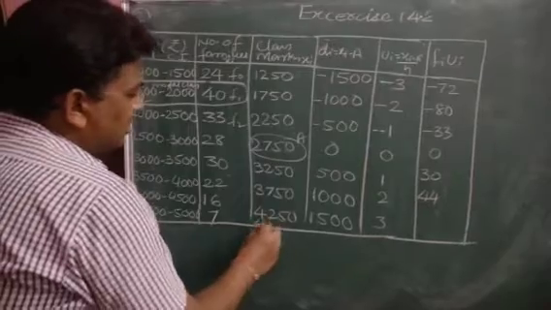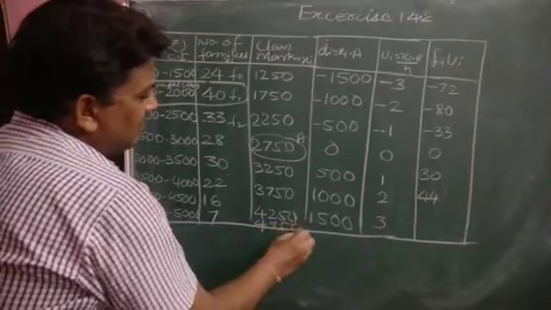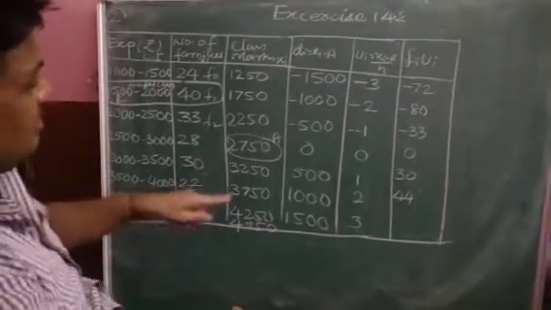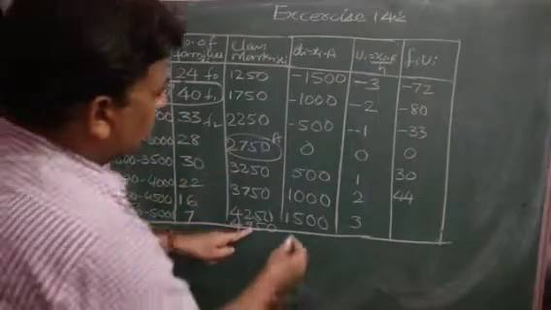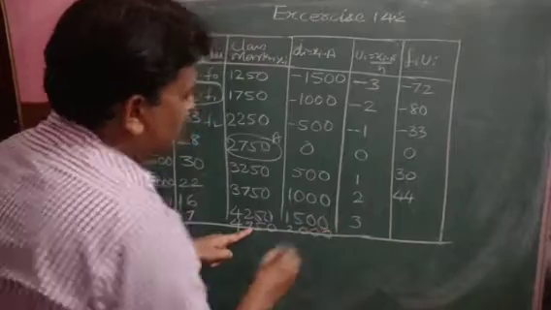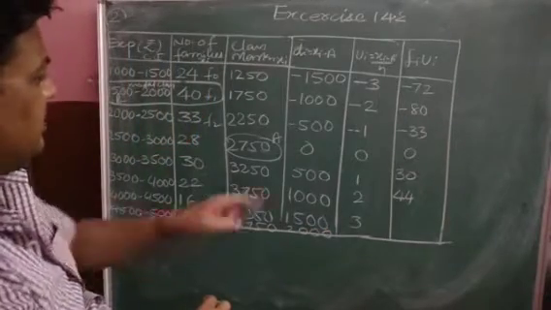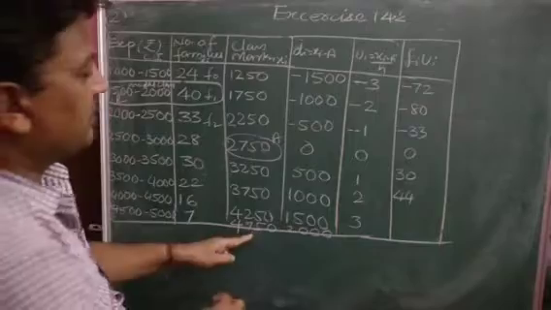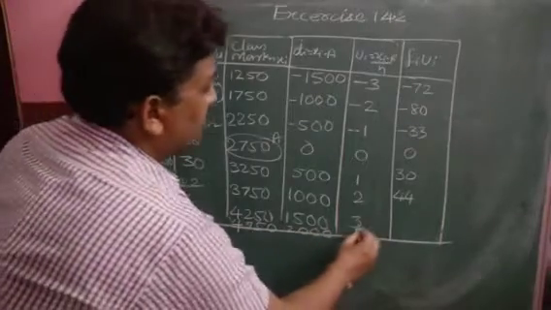One more data is there, children. 4750 and 2750 minus 4750, that is 2000. 2750 minus 4750. Here, 2000 by 4.